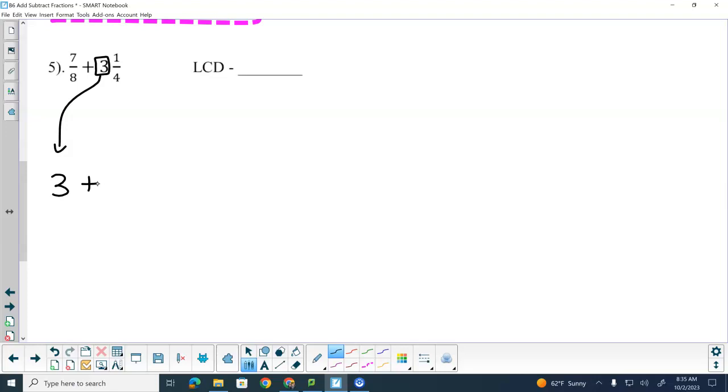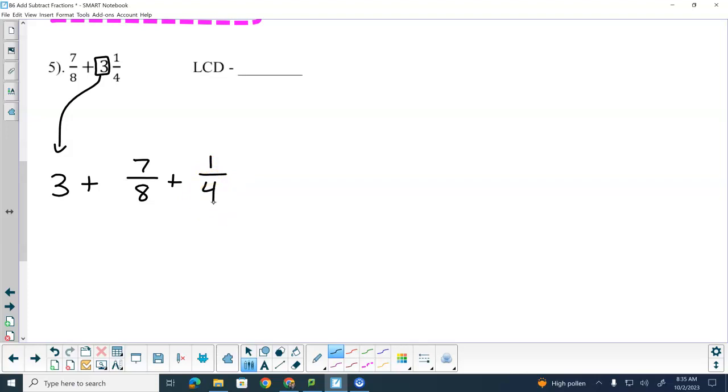What Jesse was saying was you were going to make it an improper fraction, right? That's an option too. You can make it an improper fraction, and then you're dealing with 2 fractions just like you have been up to this point in time. Another way, though, an alternative way, is pull that 3 out in front, and then you just have 7/8 plus 1/4.